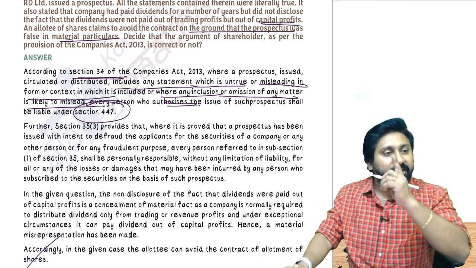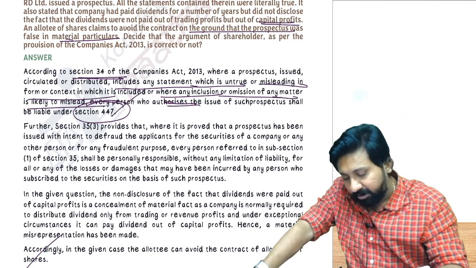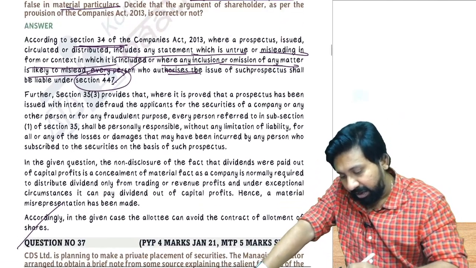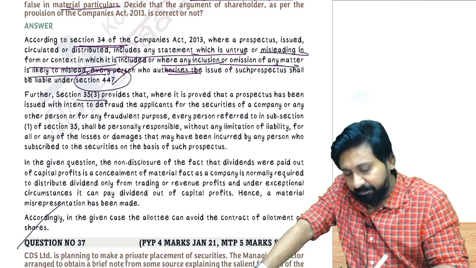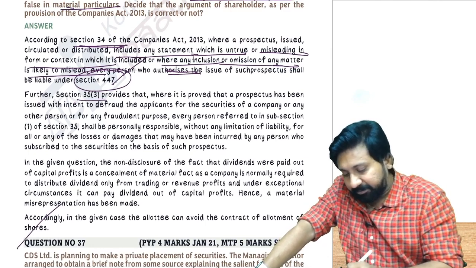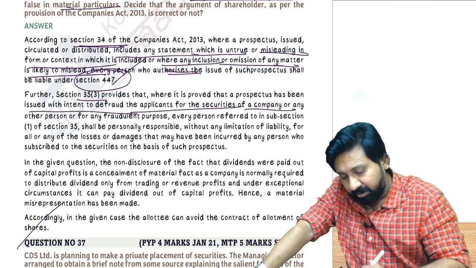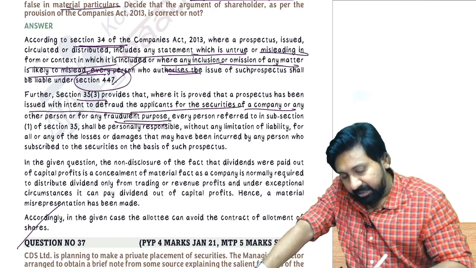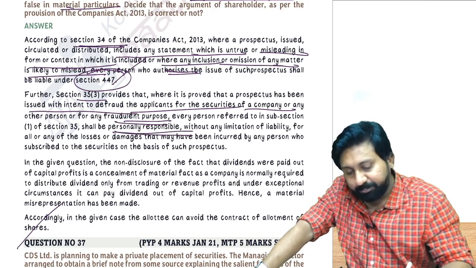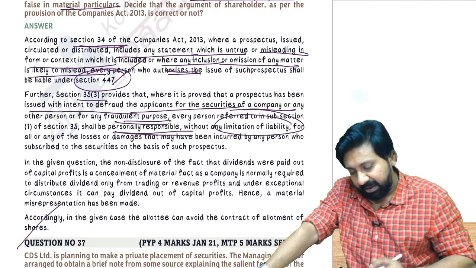Every person who signed the prospectus will be liable for fraud under 447. Further, Section 35(3) provides that where it is proved that the prospectus has been issued with an intent to defraud the applicants, or for a fraudulent purpose, then they will be personally responsible without any limitation of liability.